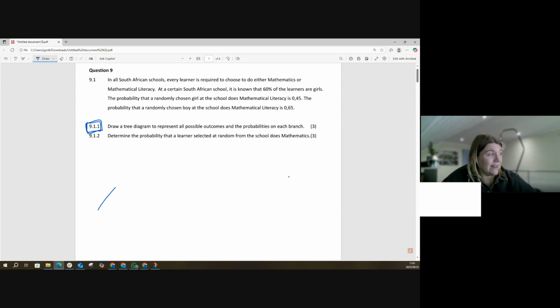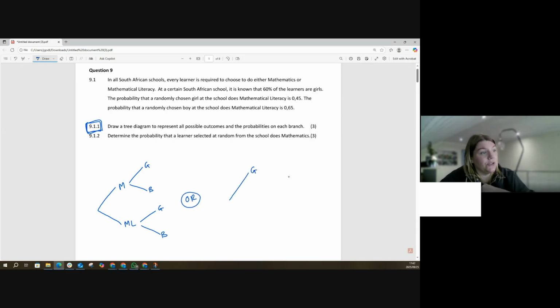You could have either split it up into maths and maths literacy, and then for each of those have girls and boys. Or you could have done it where you split into girls and boys, and then from there into maths and maths literacy.